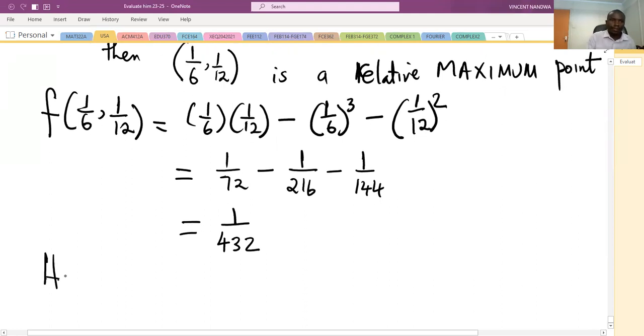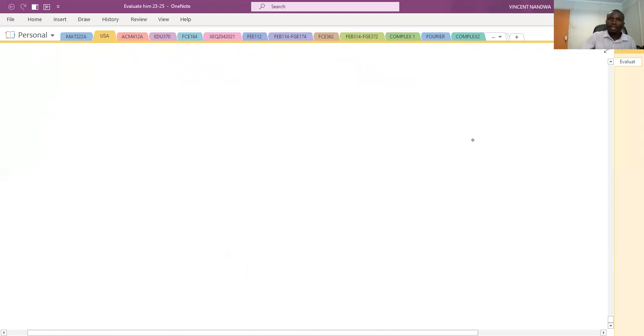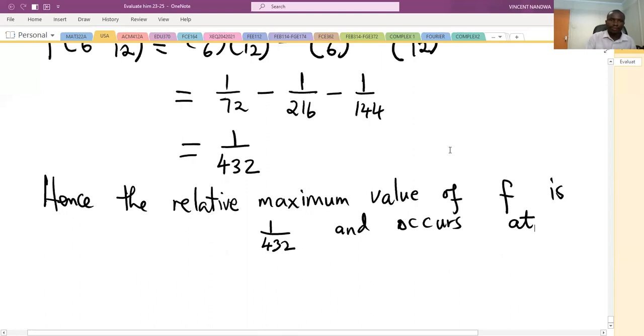So hence the relative maximum value of f is 1/432 and occurs at the point 1/6, 1/12.